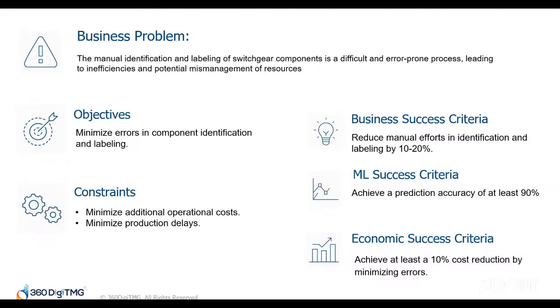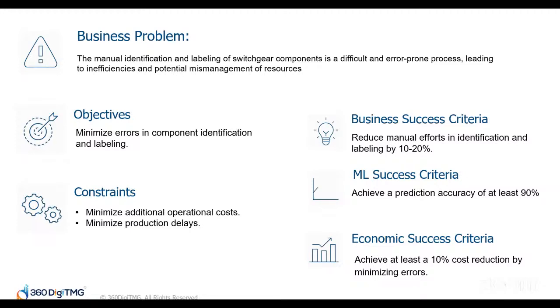The business problem is that manual identification and labeling of switchgear components is a difficult and error-prone process, leading to inefficiencies and potential mismanagement of resources. So, it is very important to handle these parts with care. We should not miss out which kind of cabinet part it is, so that we do not label it in a wrong way.